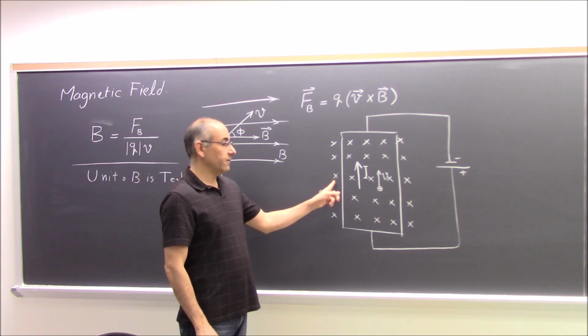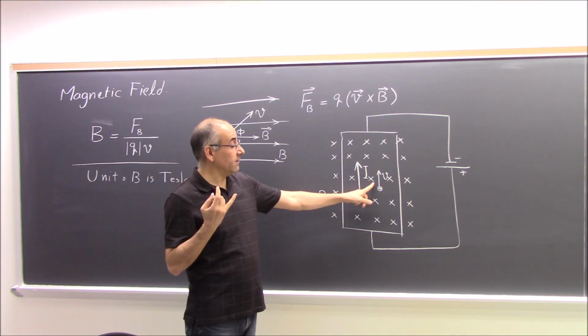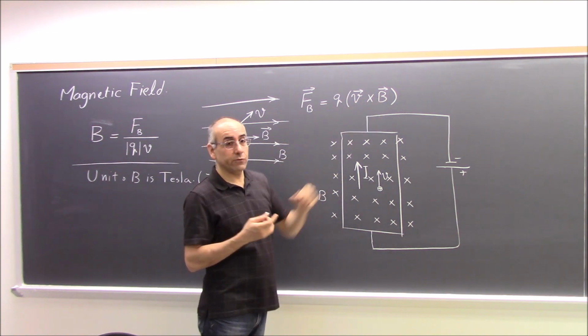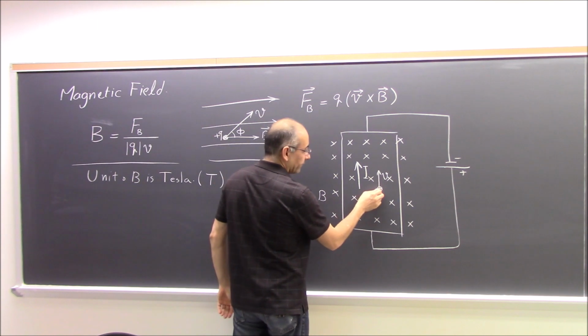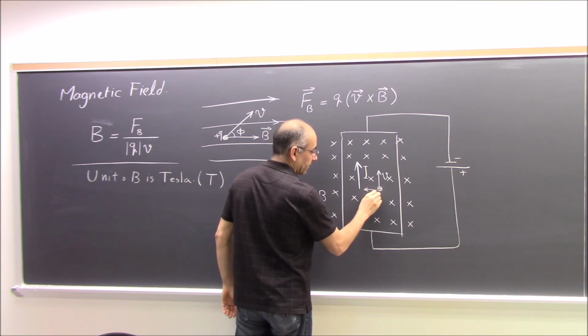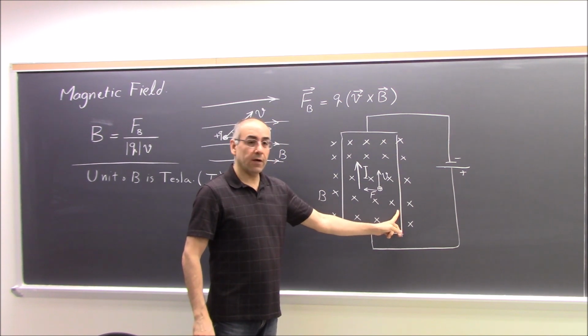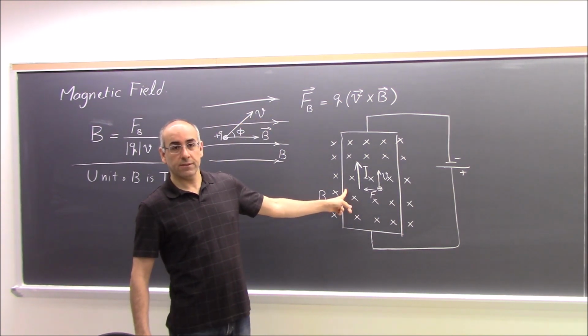The field is into the page, so V is up in the direction of current, so V cross B is which way? It will be this way, right? The force on the positive charges will be this way, right? You get a lack of positive charges here and accumulation of positive charges on this side.